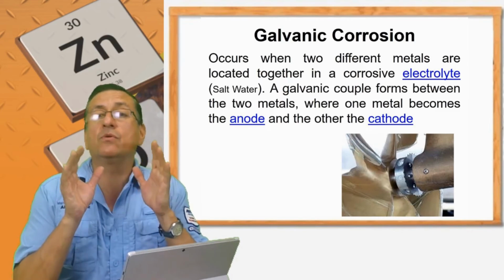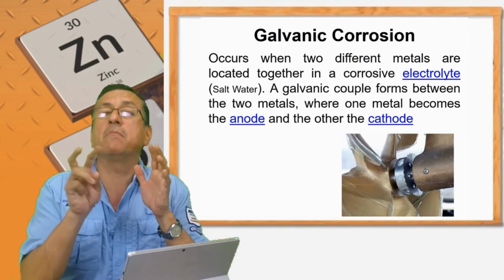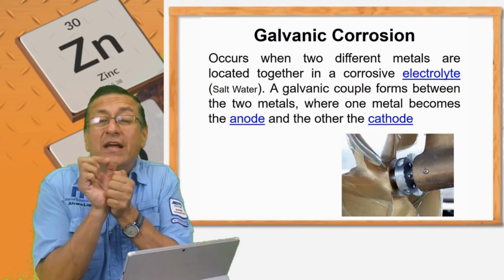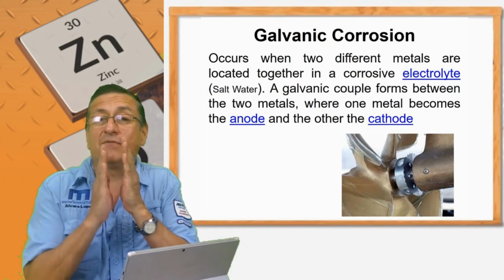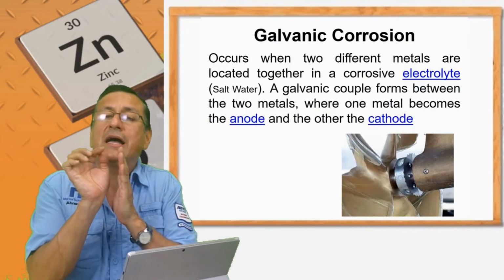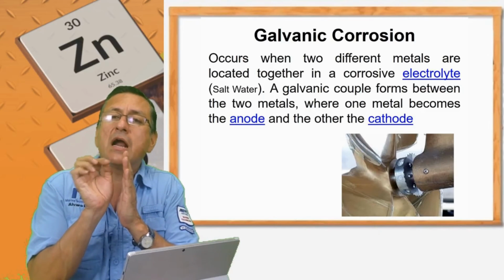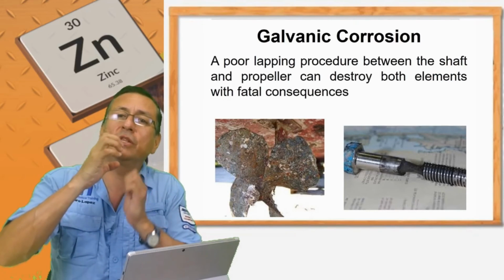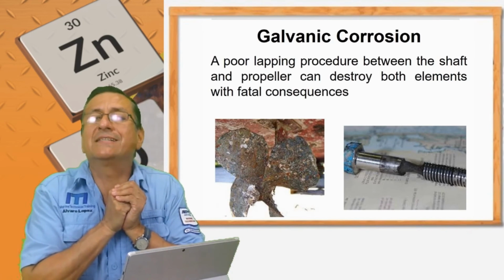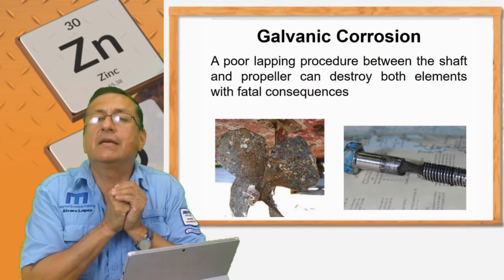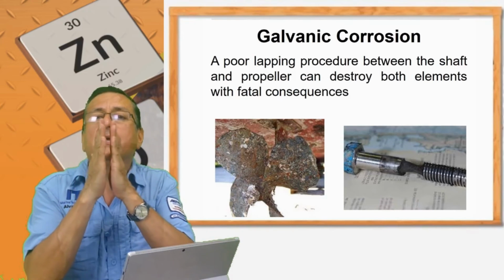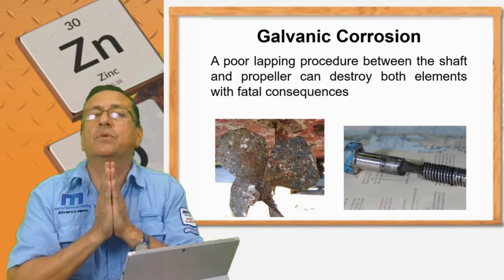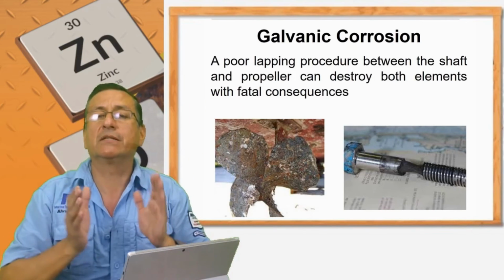Galvanic corrosion is when you have two dissimilar metals in permanent contact. And a small arc of electricity is produced because you have two different levels of energy, and that small arc of electricity accelerates the corrosion from the more noble into the less noble. This is galvanic corrosion. It is the corrosion produced in the contact area when you have two dissimilar metals together in a marine environment. That's it.